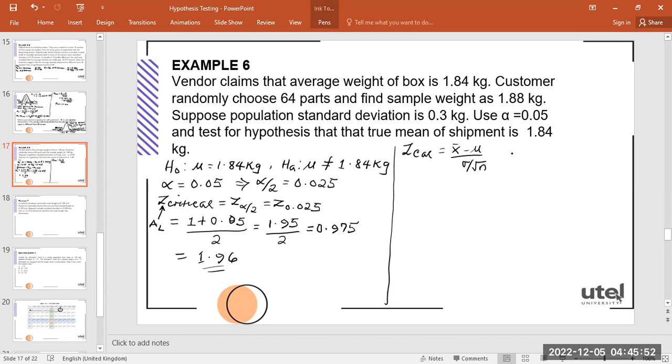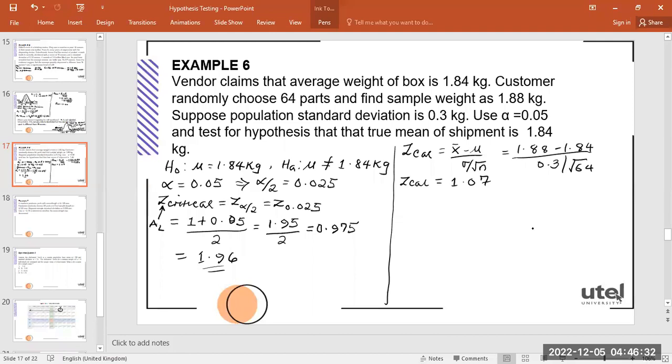And of course, our X bar, the given sample mean, is 1.88 minus the population mean 1.84, divided by standard deviation 0.3, and then divided by root of the number of samples, which is 64. And if you do the maths neatly, you should find that Z calculated is equal to 1.07.